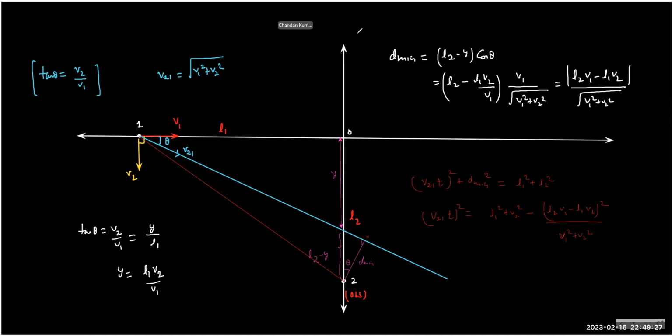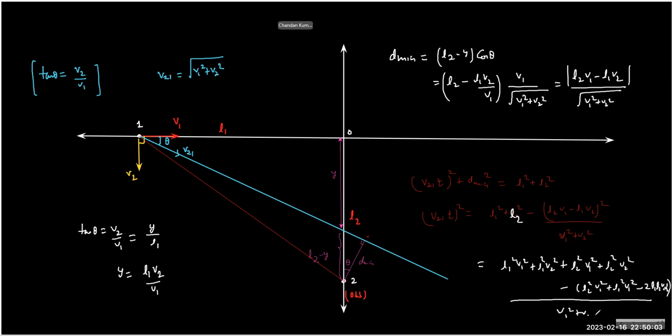This is something I'm seeing for the first time. Okay, I'm going to solve this way also, it's really good. So L1 square V1 square, L1 square V2 square, there are so many terms, then L2 square V1 square plus L2 square V2 square, minus L2 square V1 square, L1 square V1 square, and then minus 2 L1 L2 V1 V2, all upon this, correct?